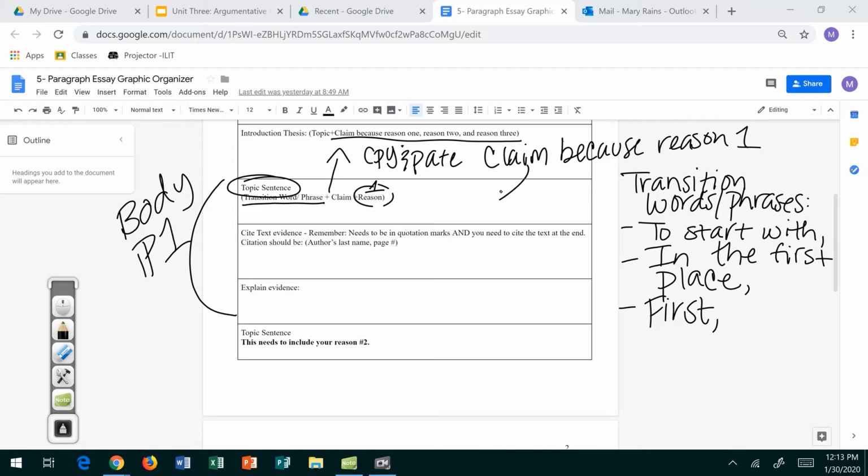And that's it. That's all that has to go down here is your transition word or phrase, whatever that may be, over here, and your claim because reason 1, period.